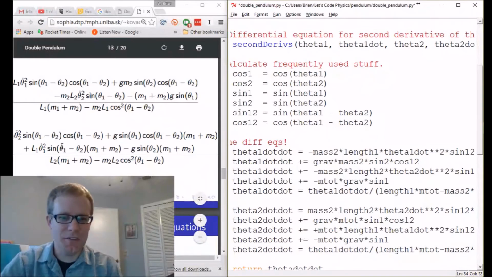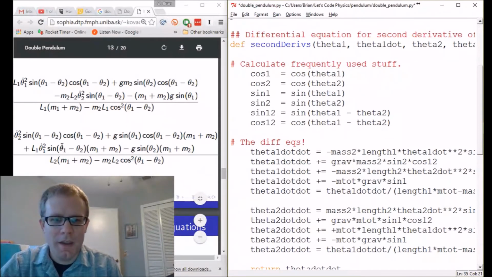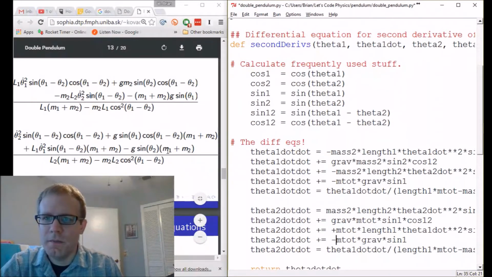See, there's all this nice symmetry between them. And then I need to subtract from that m total. Now this is basically the same thing as this, except for theta 1 and theta 2, and he rearranged the order. Interesting. So we got a mass total, gravitation, sine 2. There we go.